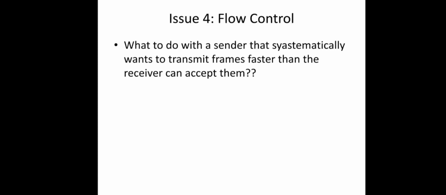And the final issue in data link layer design is flow control. The question here is what to do with a sender that systematically wants to transmit frames faster than the receiver can accept them.